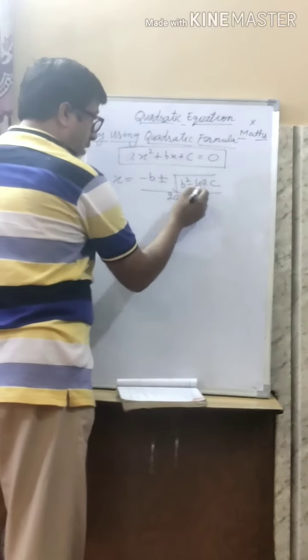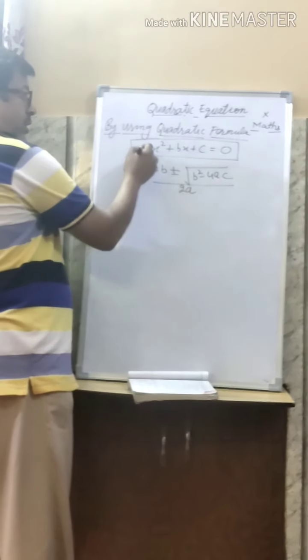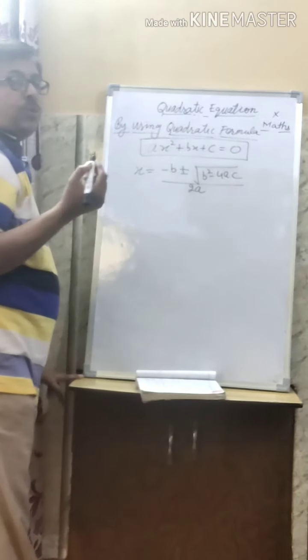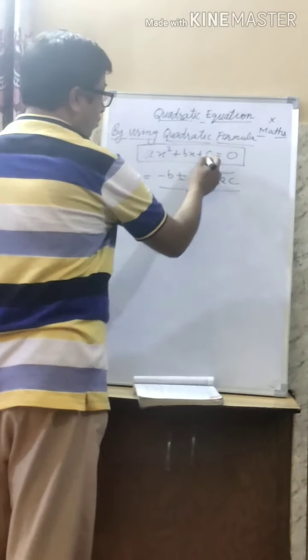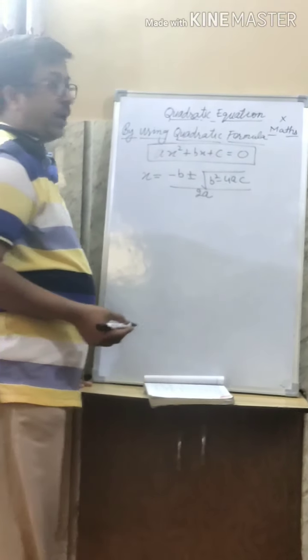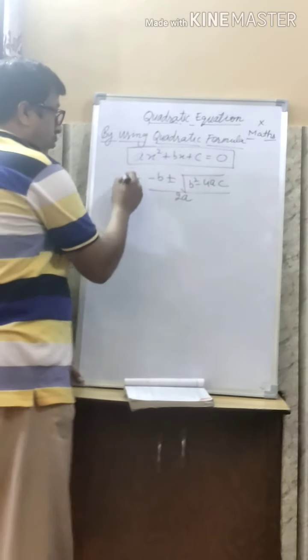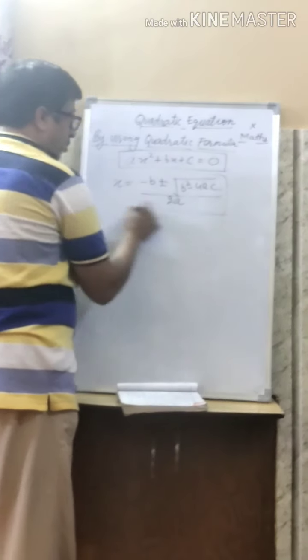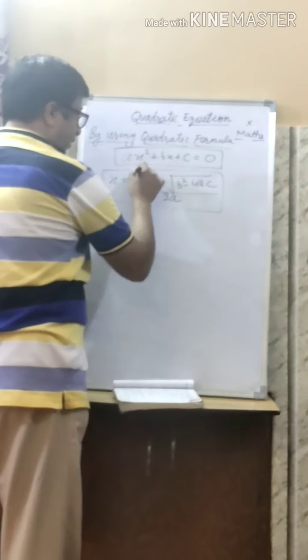Where a, b, c you know very well. a is the coefficient of x square, b is the coefficient of x, and c is the constant term, independent of x. Once you learn this formula, two values of x will come.